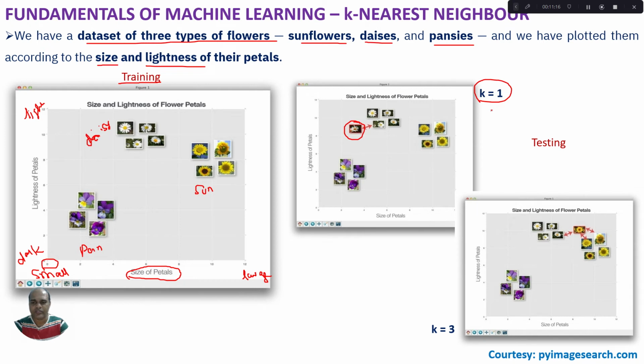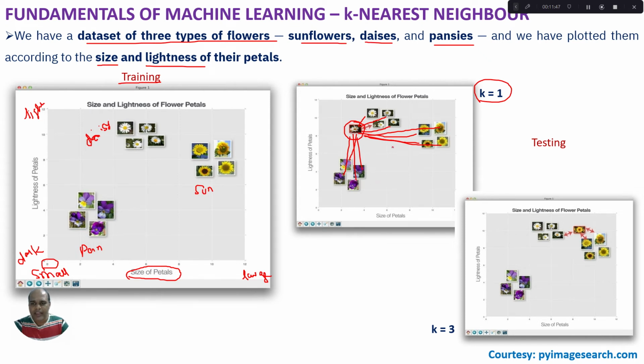So we need to compute the distance between this new data point and the already trained data points. We compute the distance between these two images, same way for all the images we find the distance matrix. We compute the distance matrix with the new data point and already available data points in the data set.